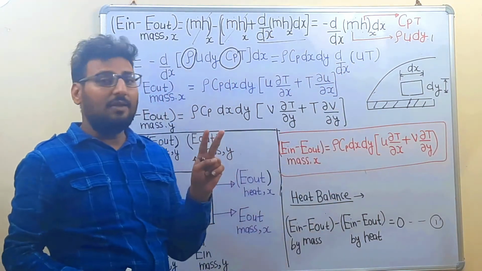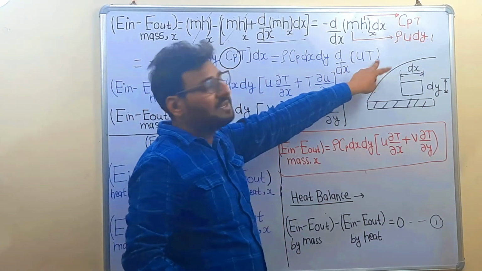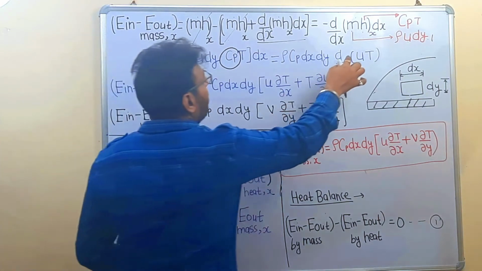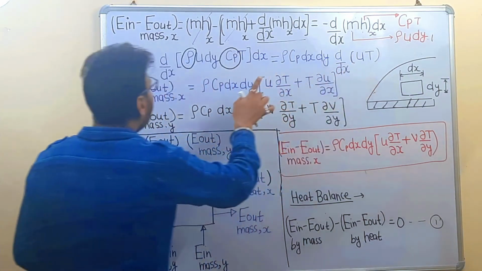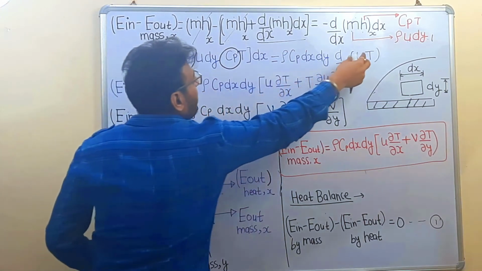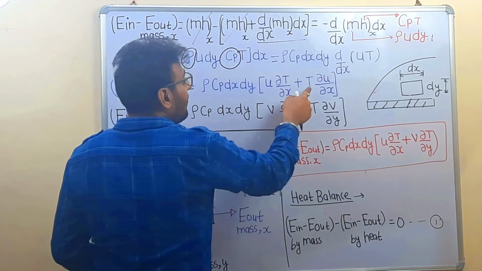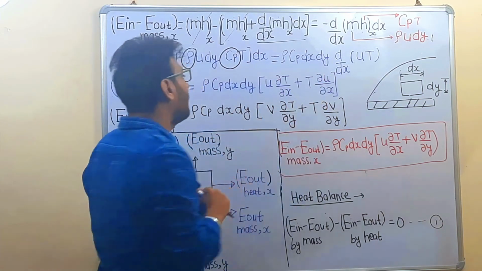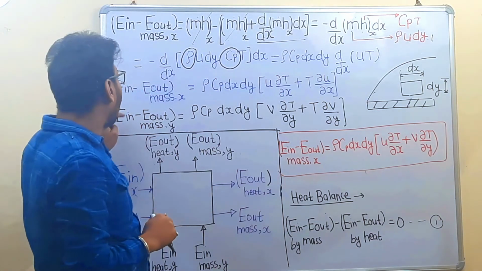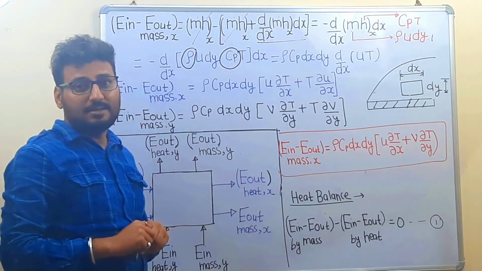Only two variables are there, which are velocity due to the flow and temperature due to the heat. After differentiating by the chain rule, we get the equation like this: rho c p dx dy times u del T upon del x plus T del u upon del x. In this way we have obtained the expression for E in minus E out by mass in x direction.